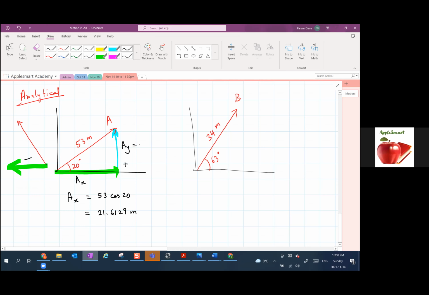What about AY? Well, AY is the opposite side, so you would use the sine. So you take the magnitude 53 times sine of 20 degrees. Somebody give me that value.